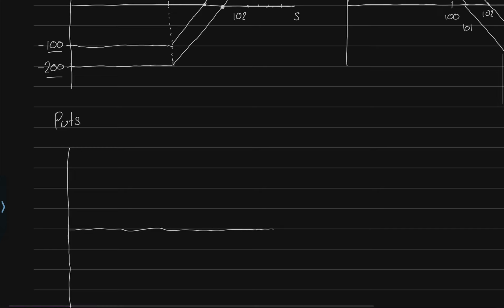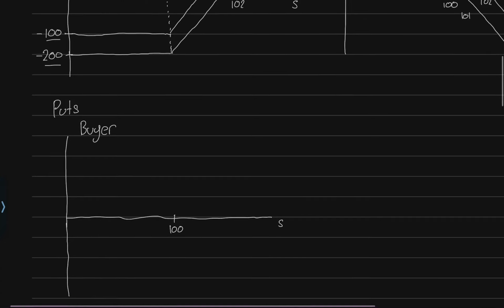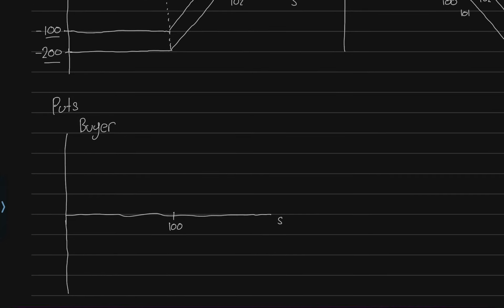So for the buyer, this is going to be my stock price, and this is going to be my strike of $100. So this is going to be the reverse, right? Essentially, as a buyer of a put, I want my stock to stay under the strike price, as opposed to a call where I want my stock to stay above the strike price at the final time t.